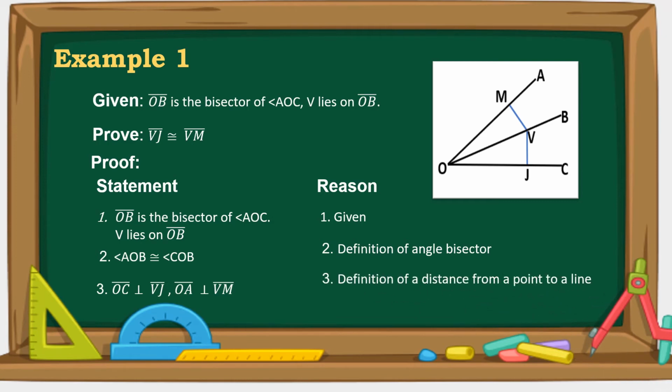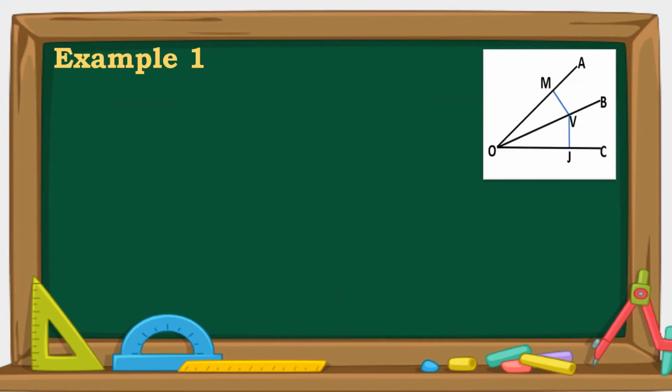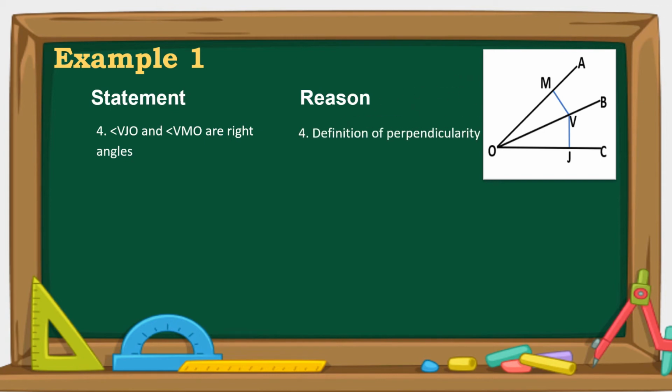Reason? Definition of a distance from a point to a line. Statement number 4. Angles VJO and VMO are right angles. Reason? Definition of perpendicularity.